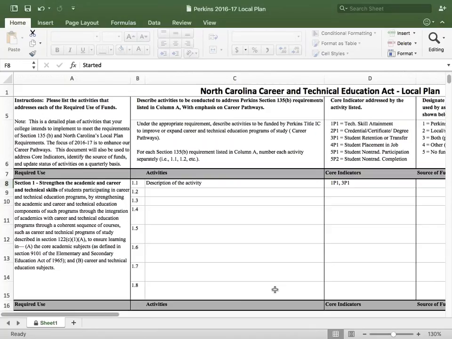That's what we're looking for. It could be one large activity that takes a lot of planning and a lot of effort, or at least a couple of activities that enhance your programs of study for CTE students. And you may have activities that actually cross bounds and meet more than one of the 9 required activities. It's perfectly acceptable to list it twice in each of those sections.